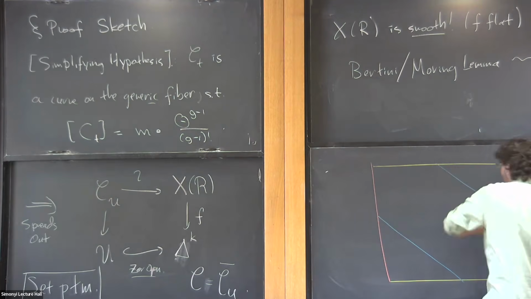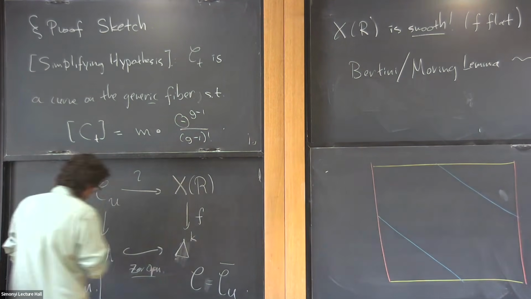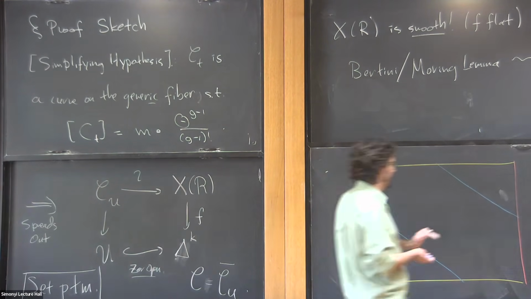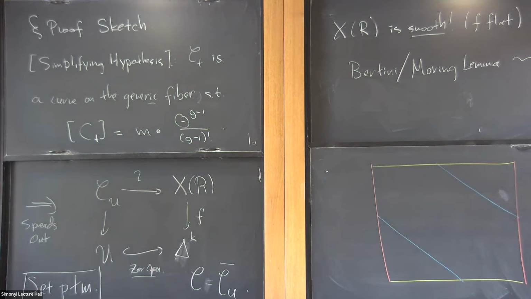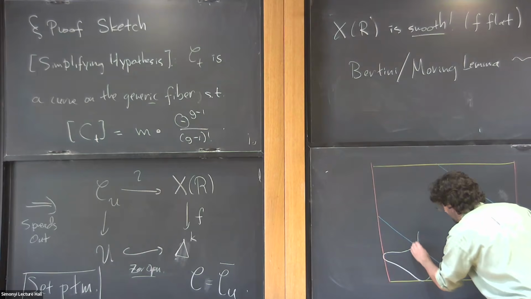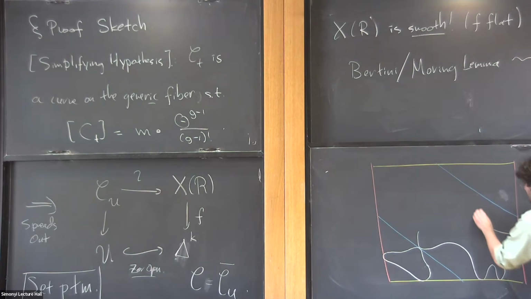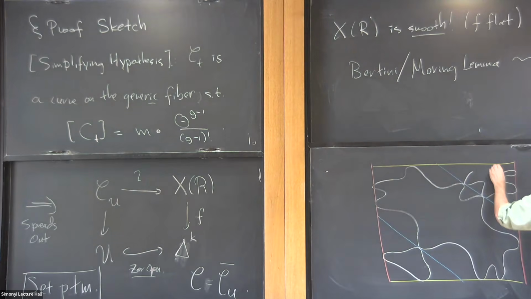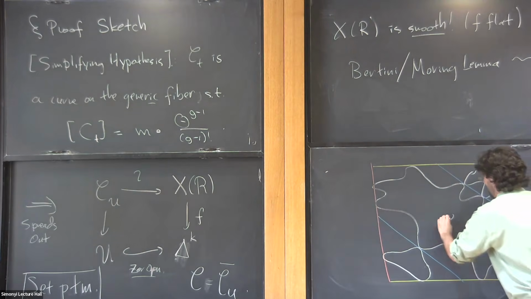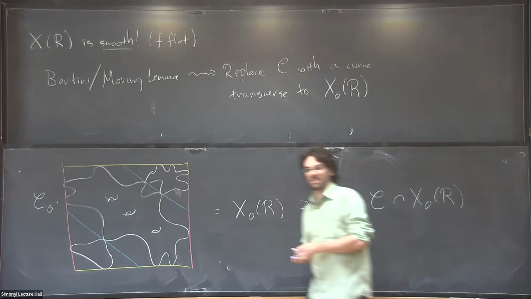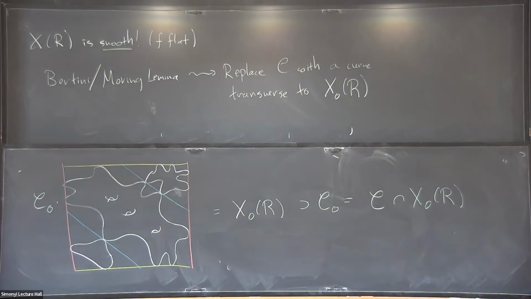But it's not a complete intersection in X of R. But we get some wiggly curve. I'm mixing my real and complex dimensions here. Sorry. That's our curve.